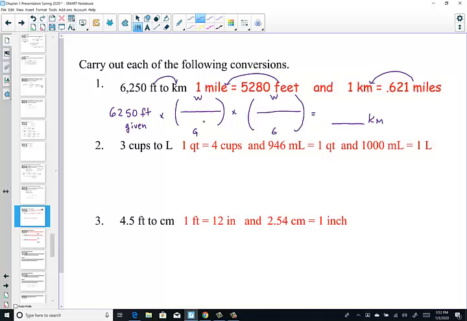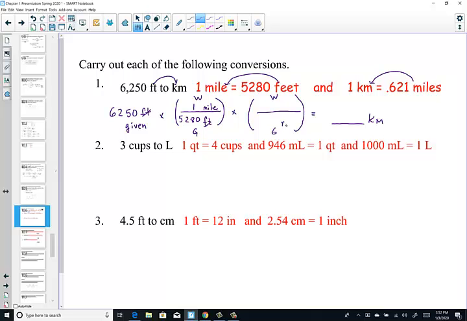So the first unit I was given was the feet, FT. The only exchange I found that was bringing it into a mile. I found that 1 mile was equivalent to saying 5280 feet. I've got the feet to cancel and I'm at the mile.